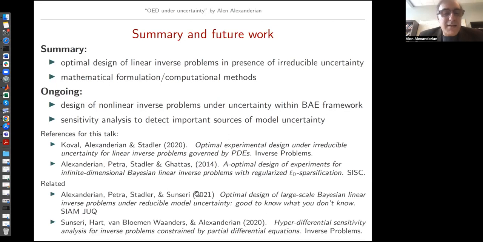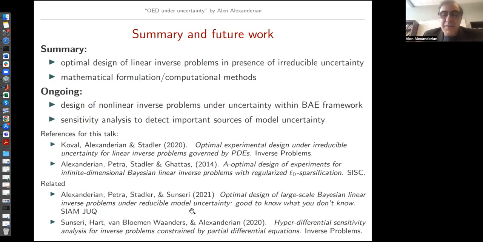But yeah, just some related references. Let me mention this other paper we wrote recently: the design of large-scale linear inverse problems under reducible model uncertainty, where the additional uncertainty was in fact part of the inverse problem, but we wanted to find a design that minimized the uncertainty on specific parameters of interest.